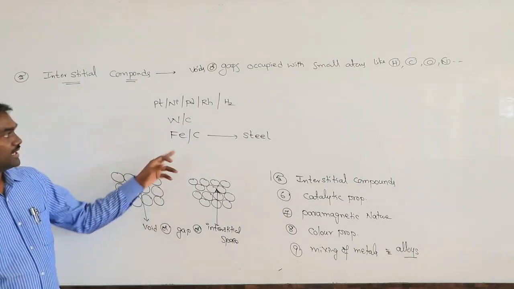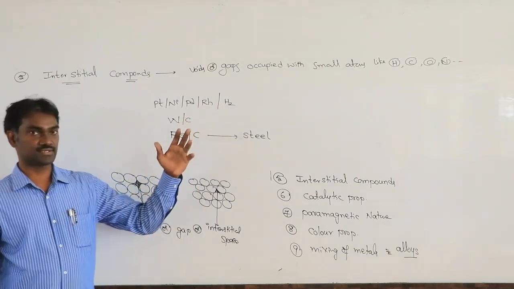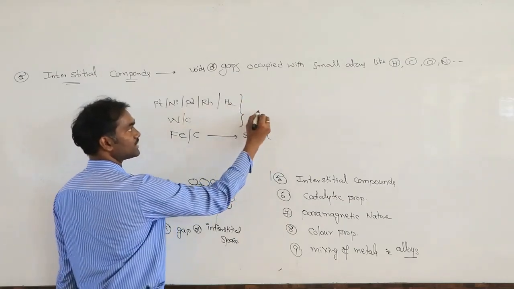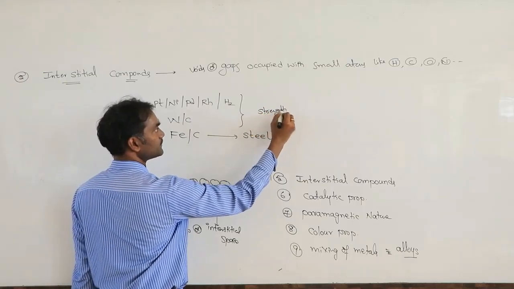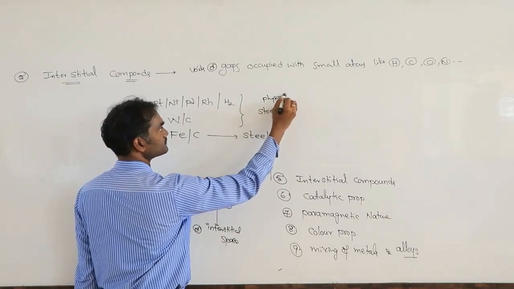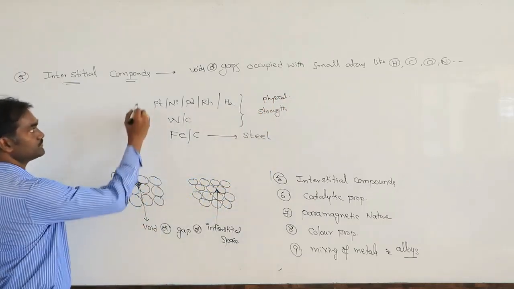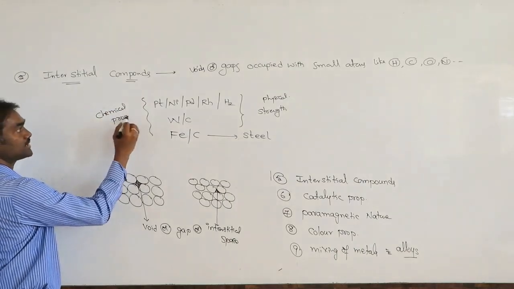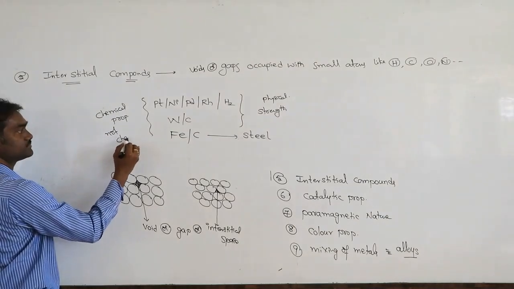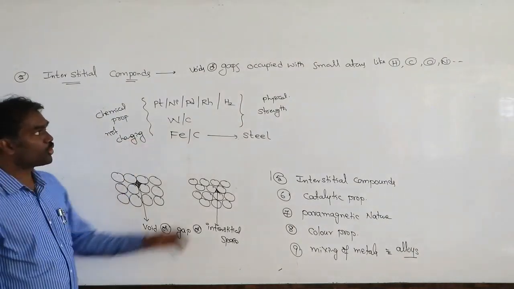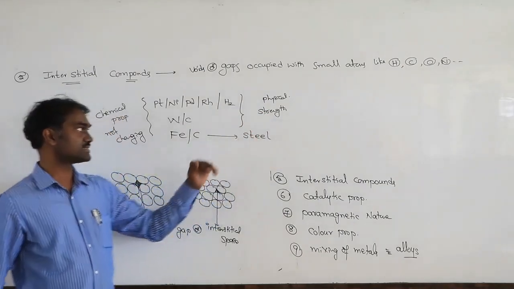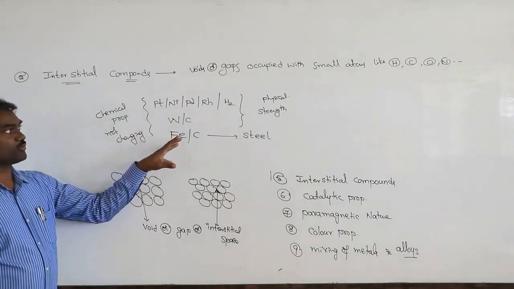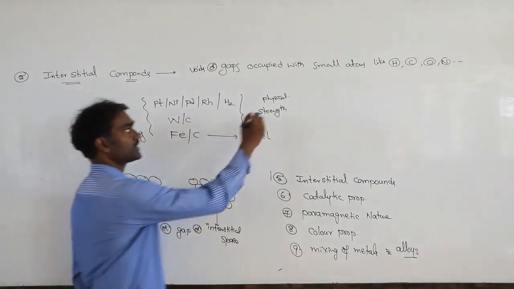What happens if carbon is connected? Strength increases. When the interstitial gaps are occupied with other atoms, the strength increases. That is physical strength, but the chemical properties are the same. Only physical properties change. The element does not lose its own character.